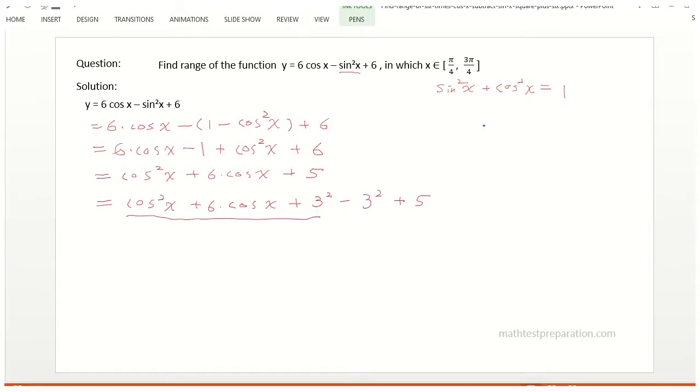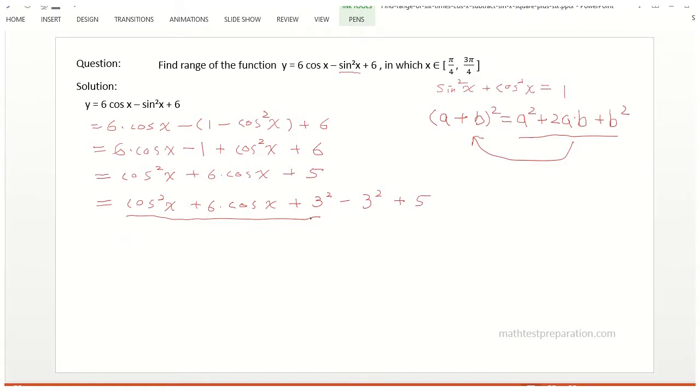Now we use the formula a plus b squared equals a squared plus 2 times a times b plus b squared. So a squared plus 2 times a times b plus b squared is a plus b squared.